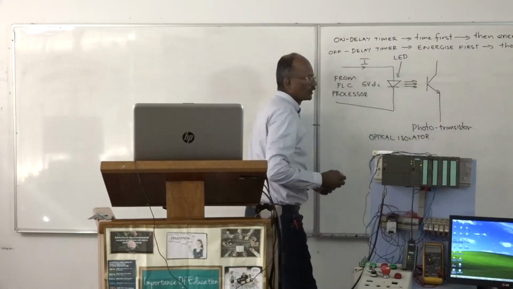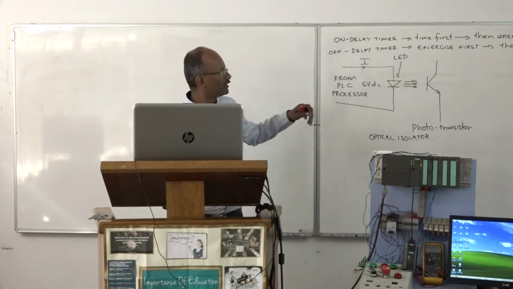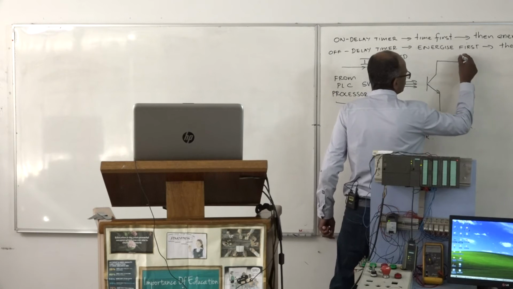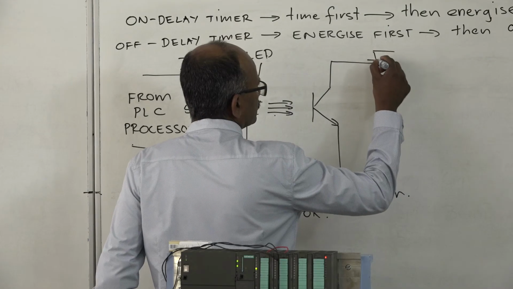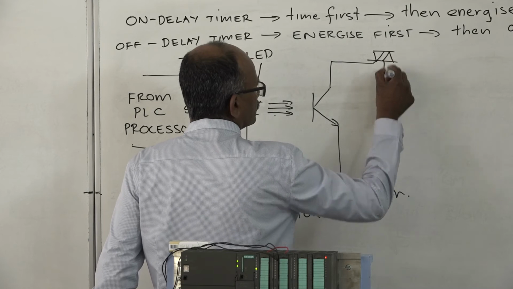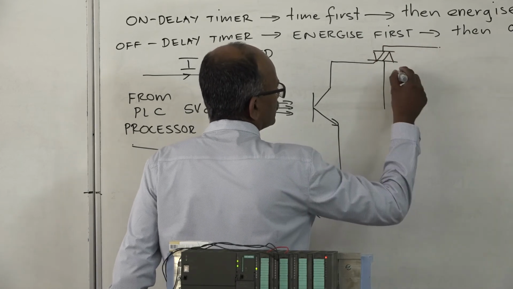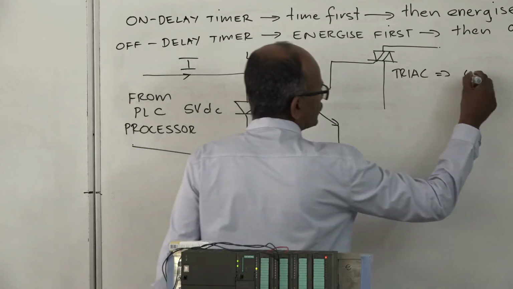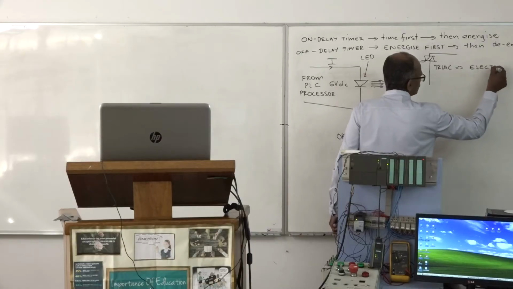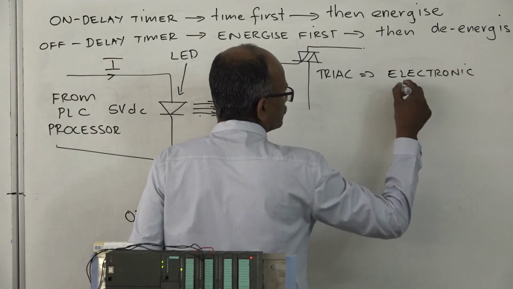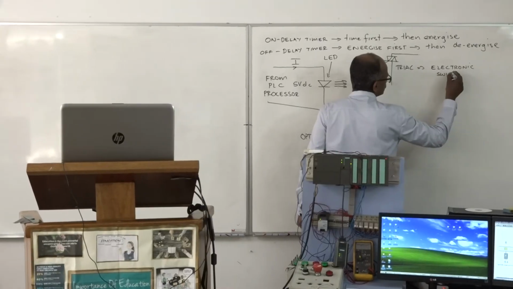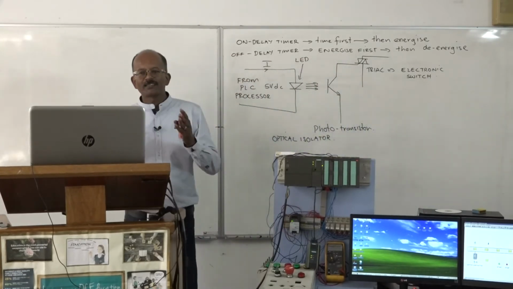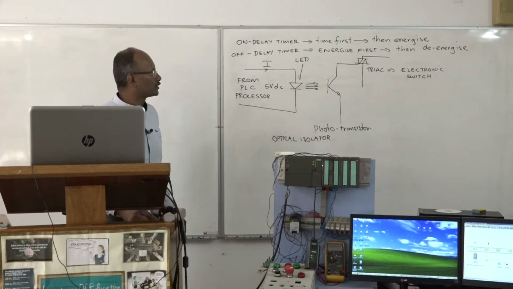All right, that transistor there now is used to switch on a triac, which we call an electronic switch. And that triac is now part of your output device.